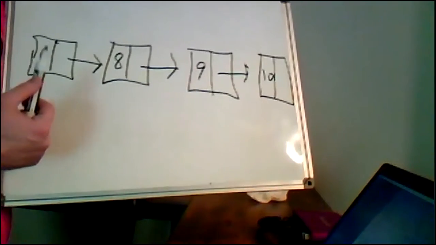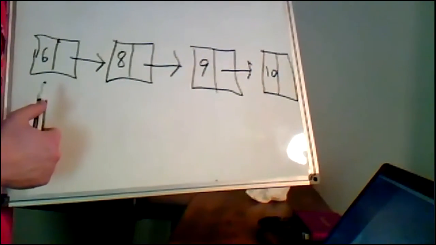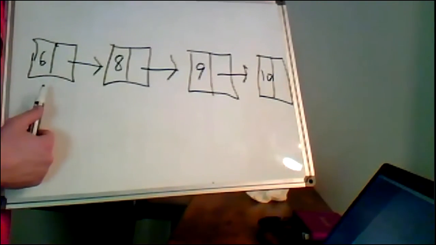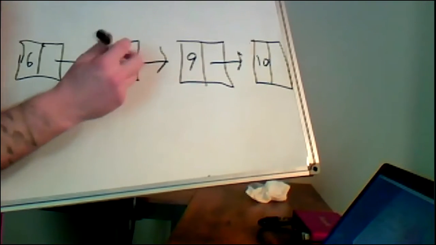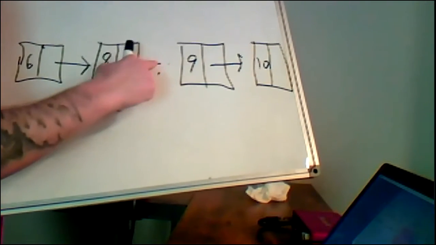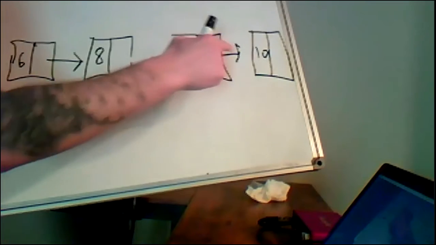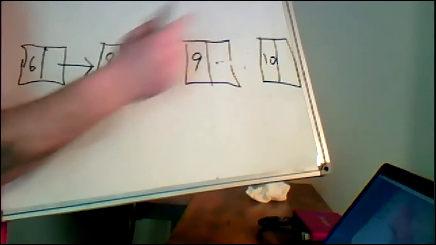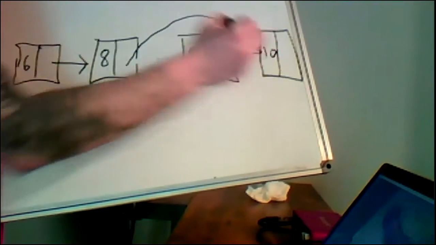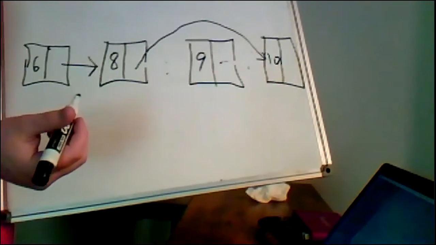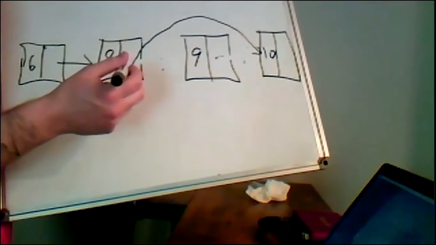First off, we've got to find 9. So we're going to be checking, is this 9? Is this 9? Is this 9? Once we found it, we basically have to get rid of the pointer that's pointing here, and then have a new pointer that points over it to this one. That's essentially how we can remove an item from the list.